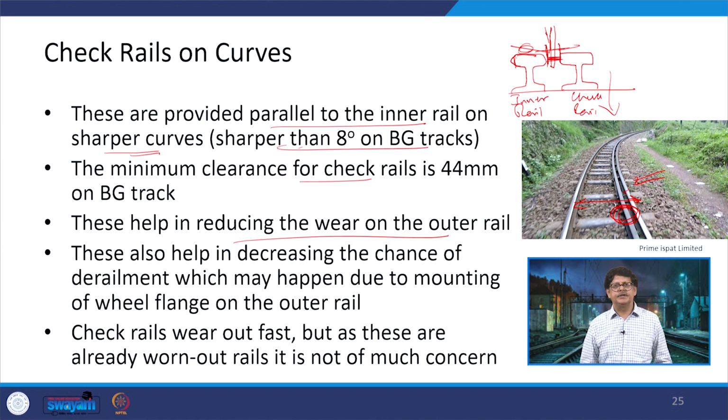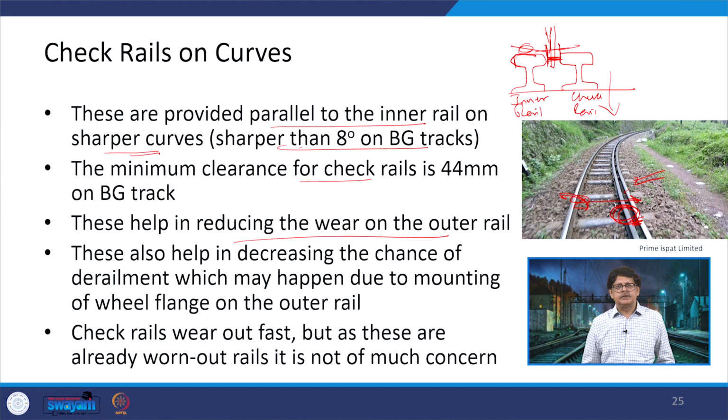This also helps in decreasing the chance of derailment which may happen due to the mounting of the wheel flange on the outer rail. If on the outer rail the wheel flange gets mounted, that is reduced because the check rail is restricting the movement.